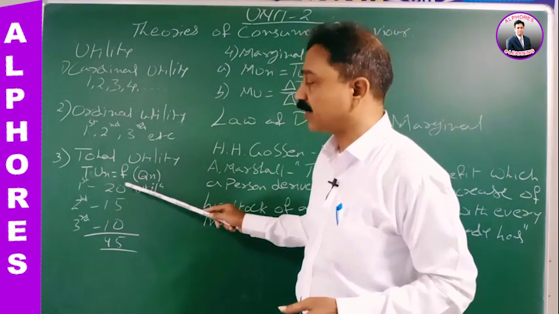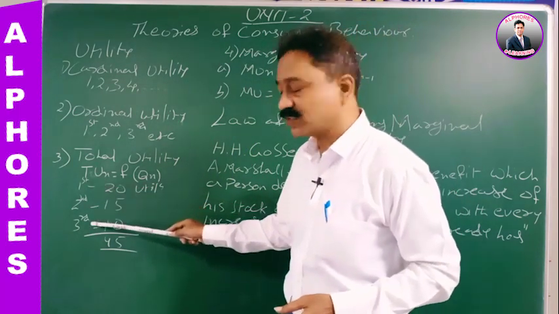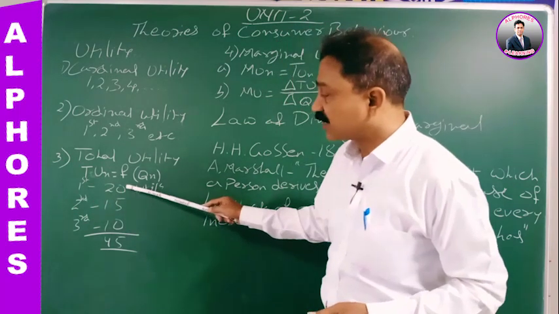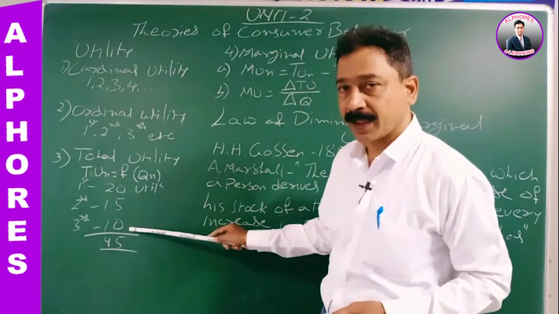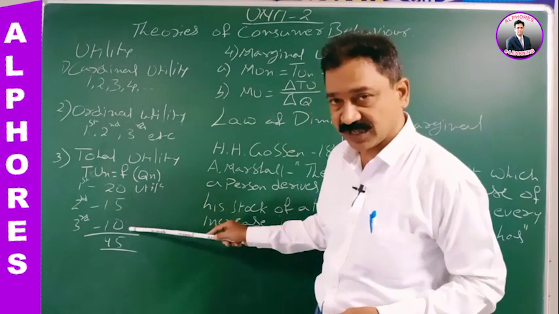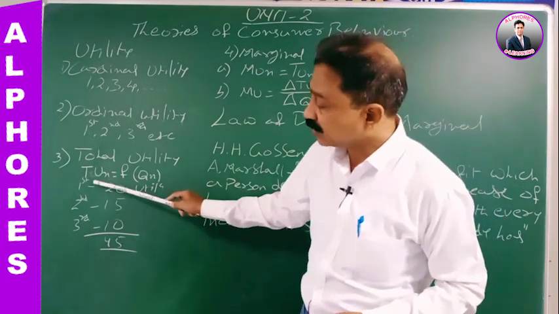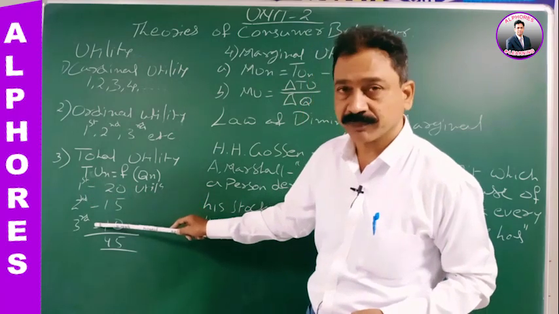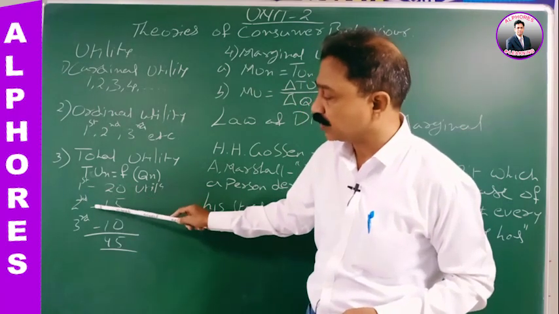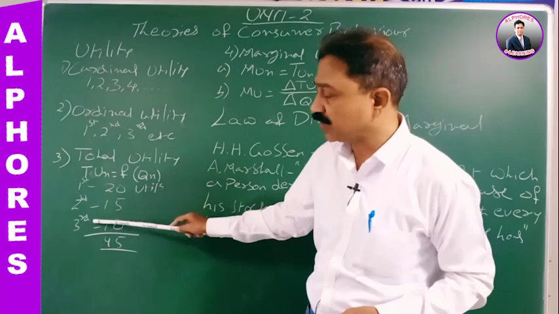You just try to understand, as the quantity increases, satisfaction goes on decreasing. But even though it is decreasing, total utility is going to increase because the quantity of commodities is increasing. First it was only one, now 2 commodities, now 3 commodities.